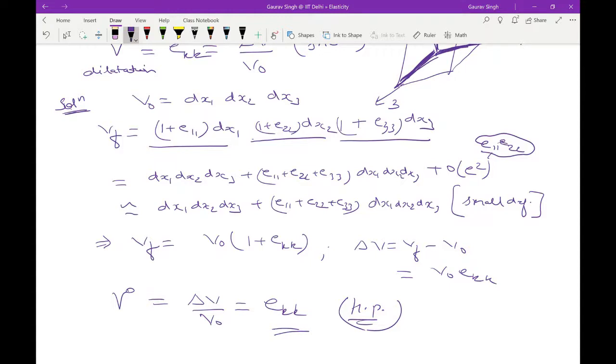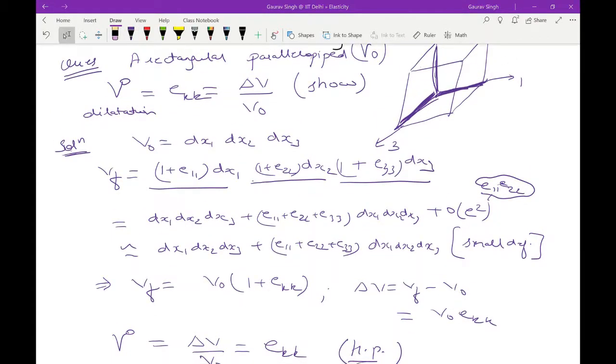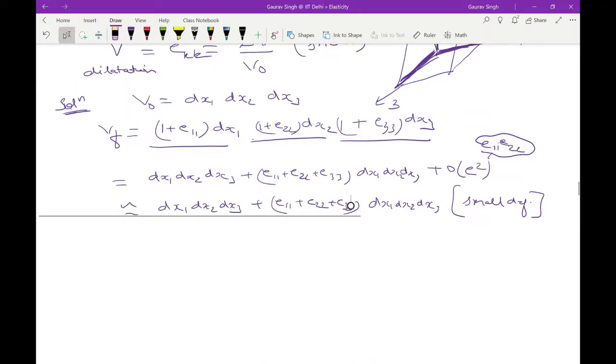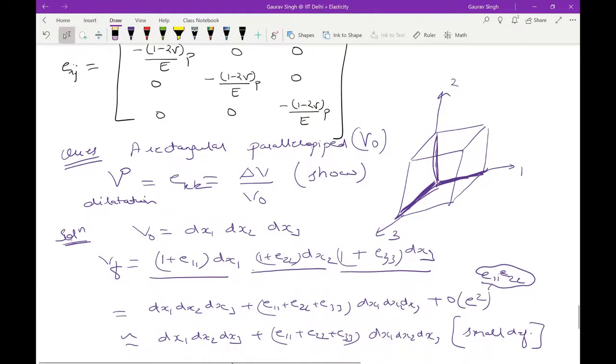Now, can we use it for an element which is not inclined along the coordinate axis?